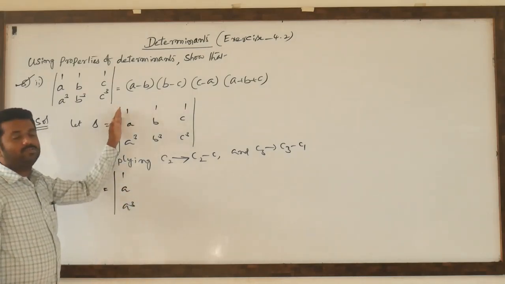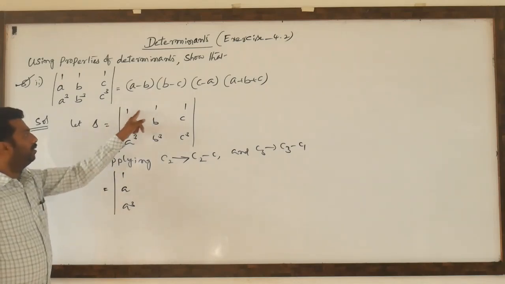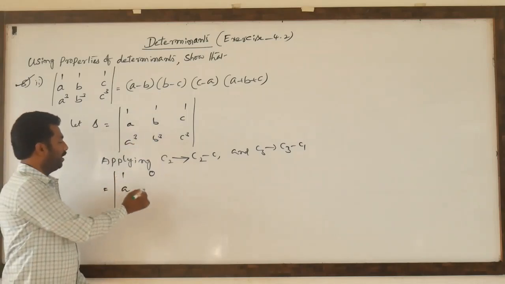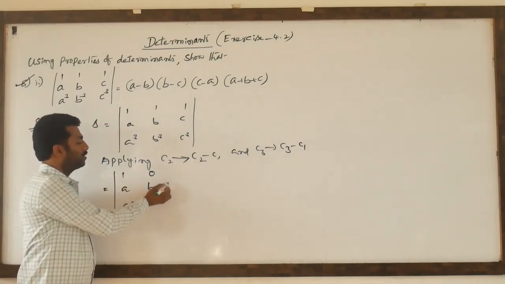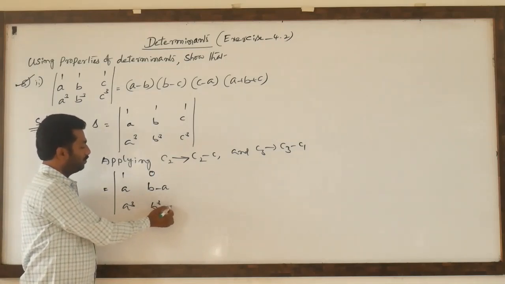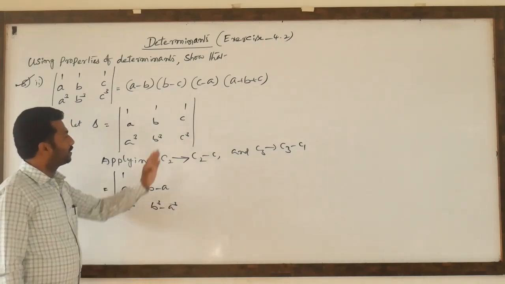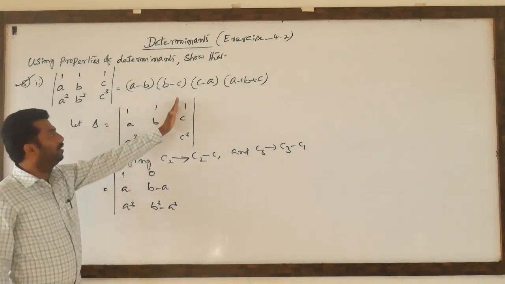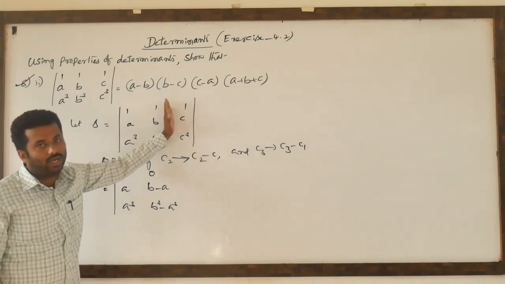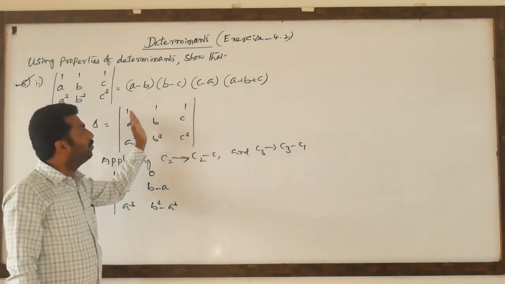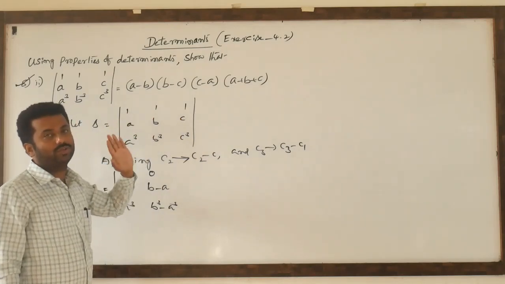C2 minus corresponding C1 elements: see here, 1 minus 1, this is 0. b minus a, as it is you write, that is b minus a. b cube minus a cube. Next, C3 minus the corresponding C1. Whenever you are applying column operations, we have to move our hand from left to right or right to left, remember that point.